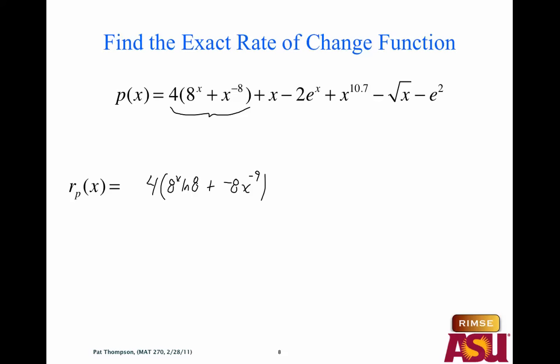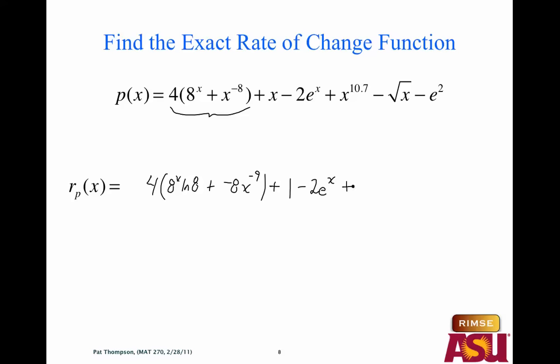Plus x, rate of change is 1. Minus 2e to the x, which would be minus 2 times the rate of change of e to the x. So I just executed the constant multiple rule and the e to the x rule: minus 2 times the rate of change of e to the x, which is e to the x.